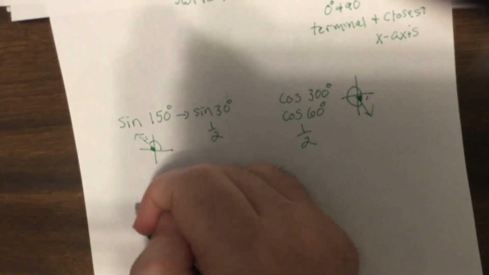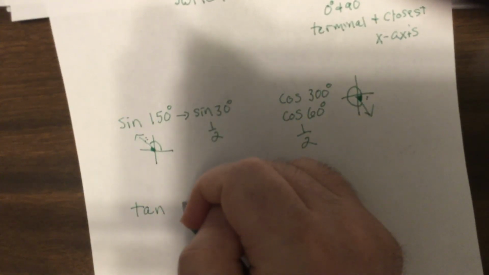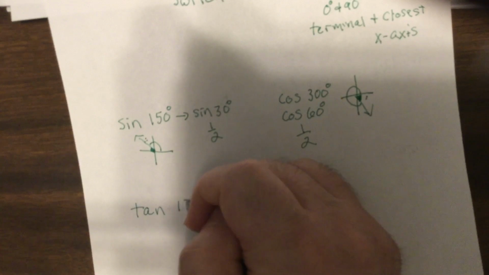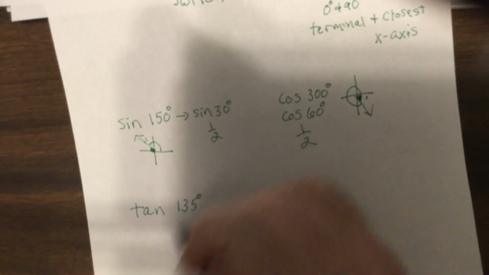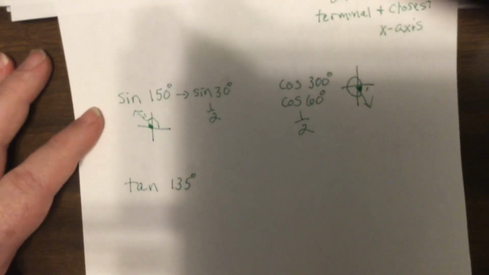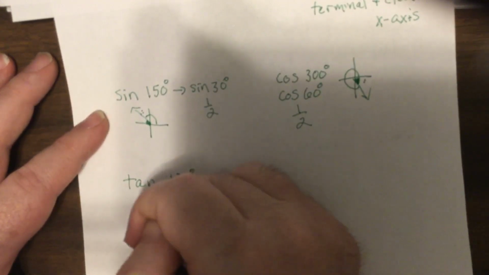So if I said, what's the tangent of 135? I paused. So you'd say, okay, that's the second quadrant.